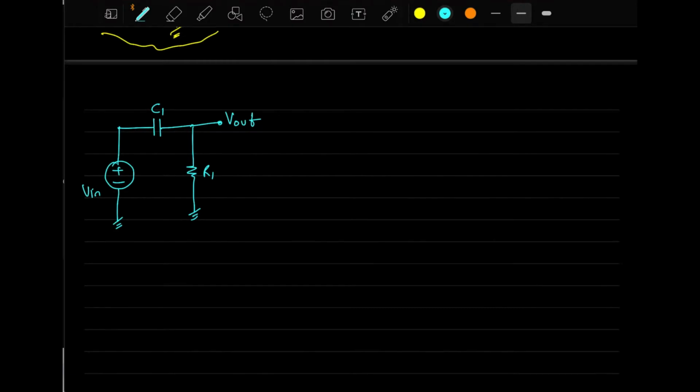If you write KCL here, or KVL, whatever you call it, you will get V in minus (1 over SC1) I1 minus I1 R1 equal to 0. But this is a crude way of doing it.